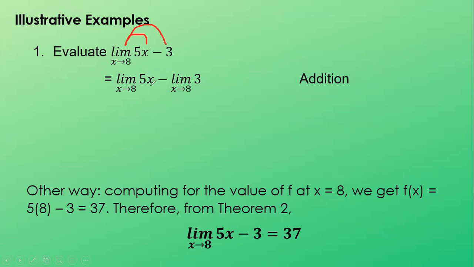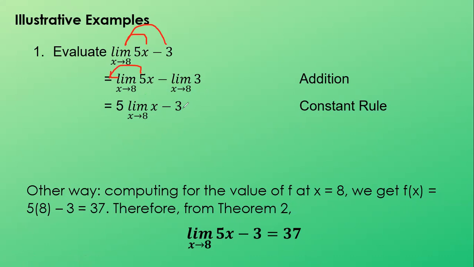Okay, pinaghiwalay. So the limit of 5x as x approaches 8 minus the limit of 3 as x approaches 8. Next rule is the constant rule. So inilabas si 5. So finactor out. So ang ma-evaluate lang is the limit of x as x approaches 8 and then minus 3.